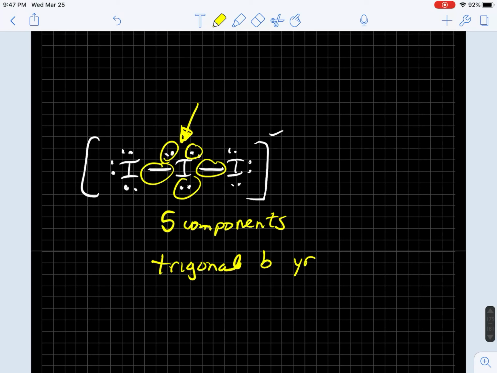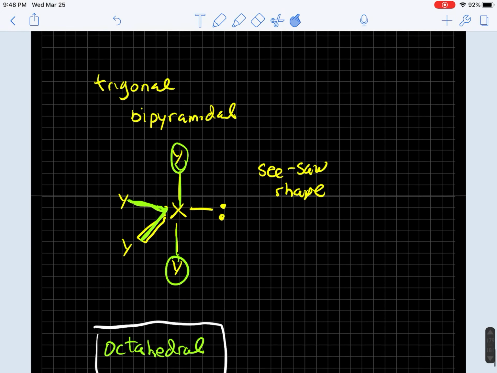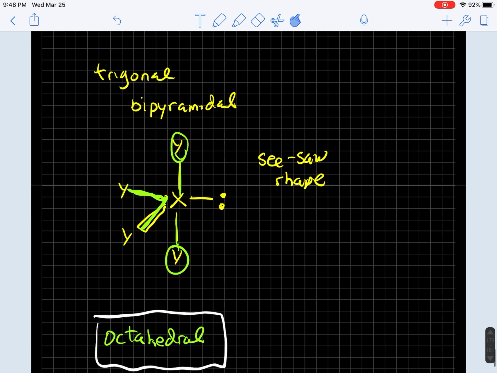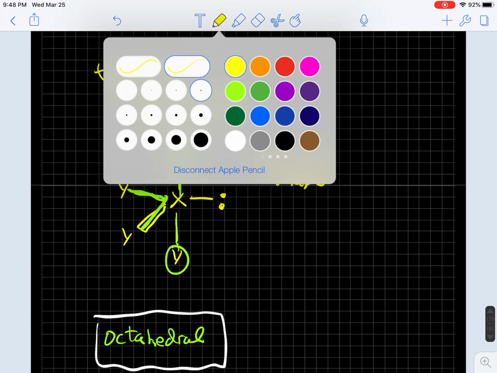So you use the Lewis structure, you find the central atom, you count up how many components there are, and then you come up with geometry based on that. Sometimes they'll ask you for the bond angle, and in this case it would be 90 degrees axial and 120 degrees equatorial.